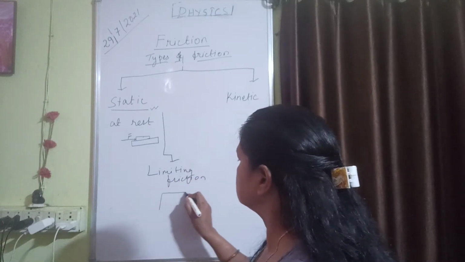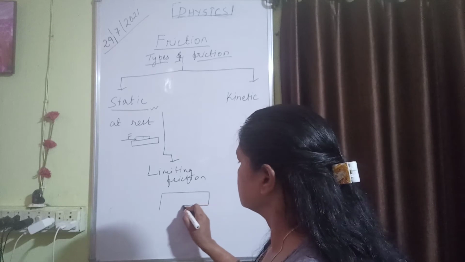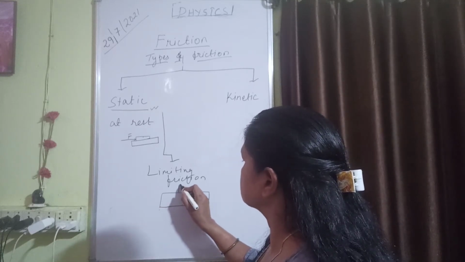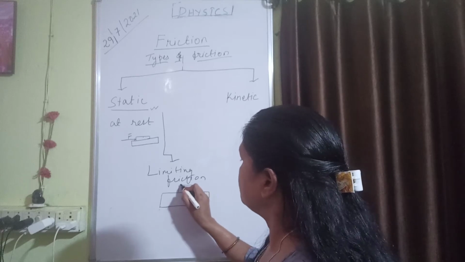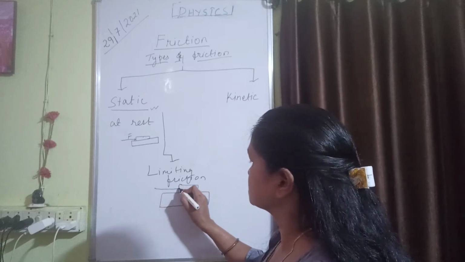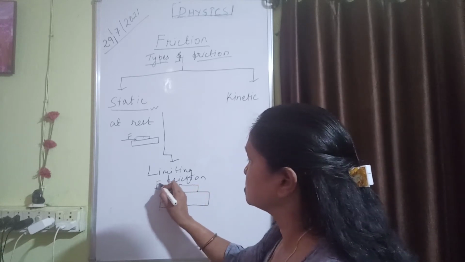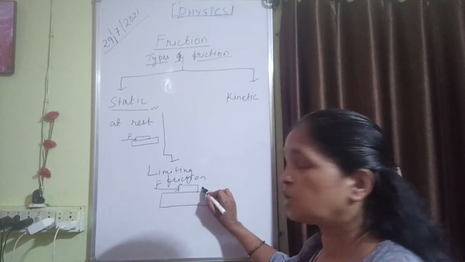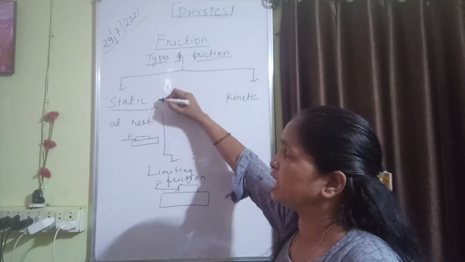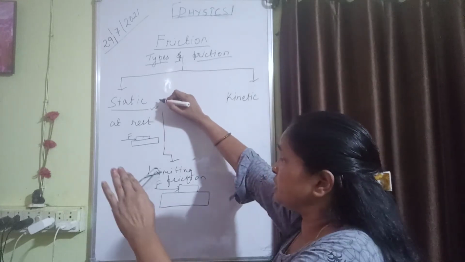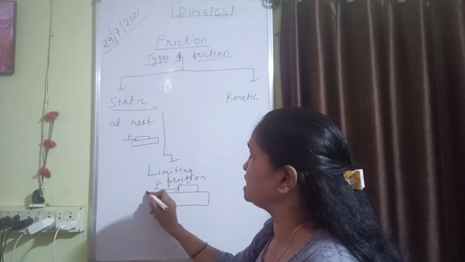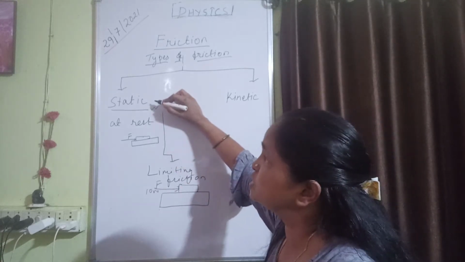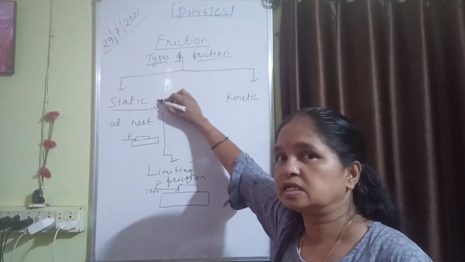I have taken one surface again and I have kept a book on this surface. I am applying force on this. Okay? Now, as I have applied force, the book is not moving. Which friction? Static friction. Again I have increased. Suppose first we applied 10 Newton force and the book is not moving. That means what? Static friction. It is not moving.